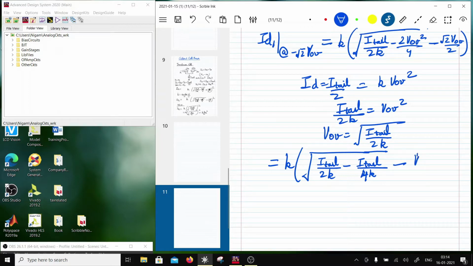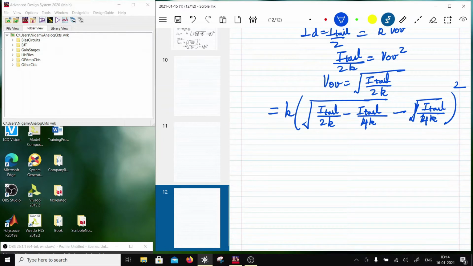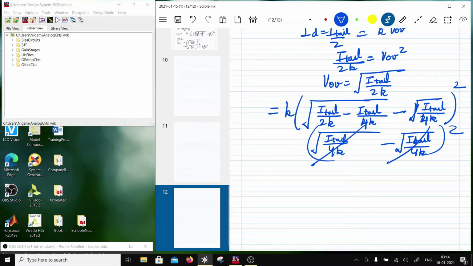So it will be root of I tail by twice k and square root 2, divided by square root 2, right? So 2 will come inside as 4k square. Now this leaves me as root of I tail by 4k minus root of I tail by 4k. These terms cancel out, whole square, k times.